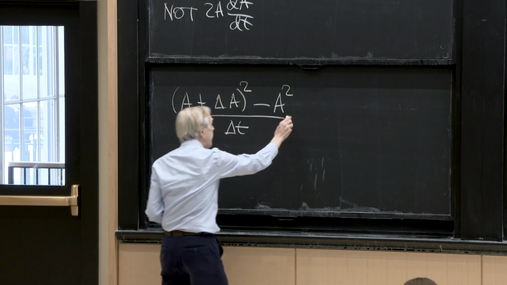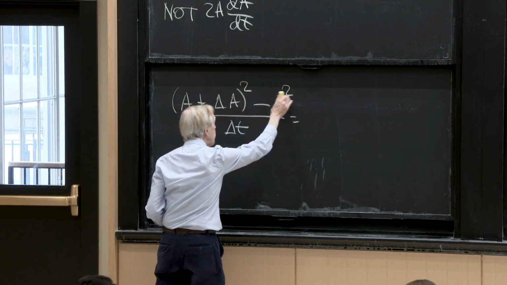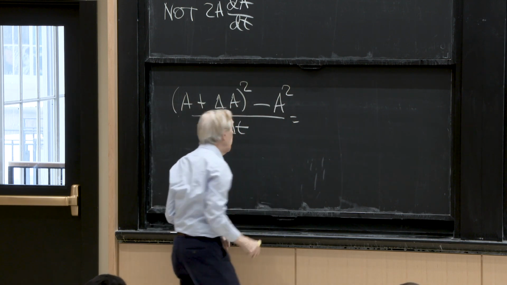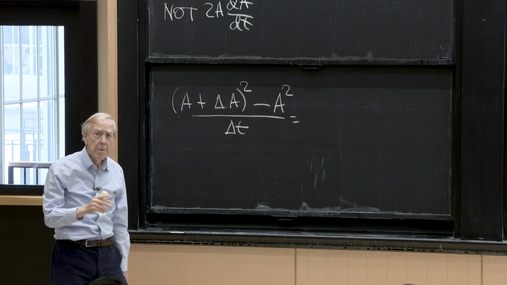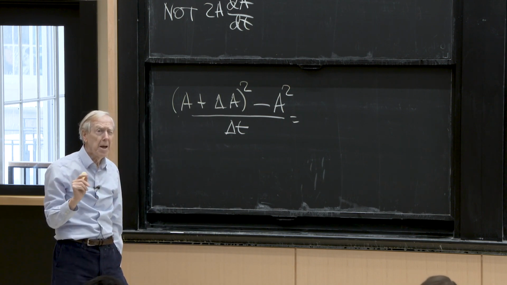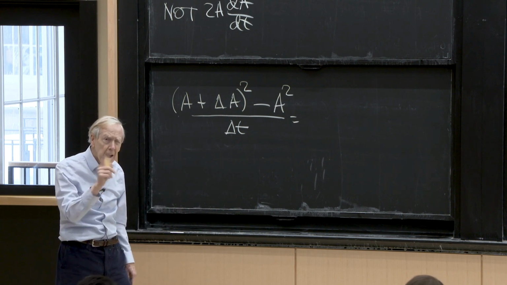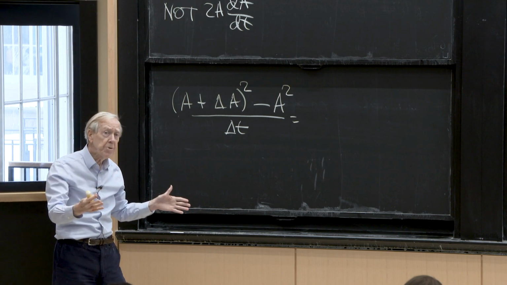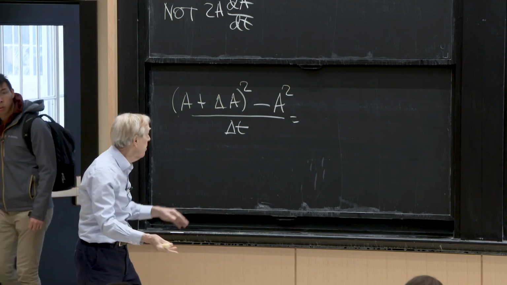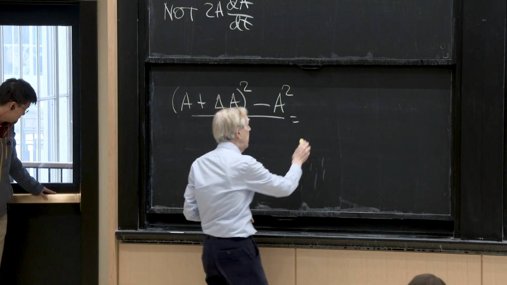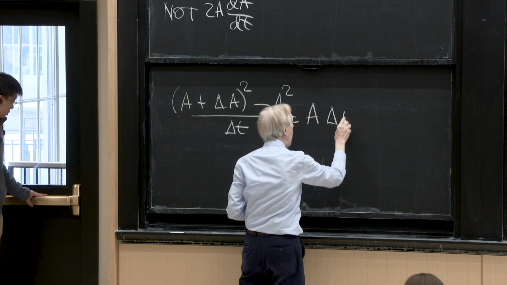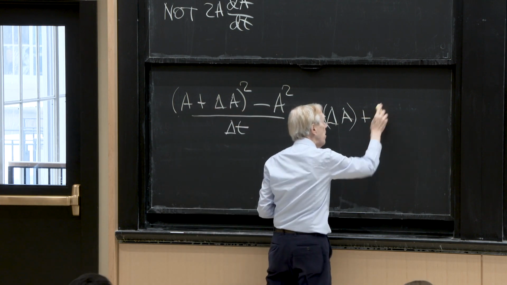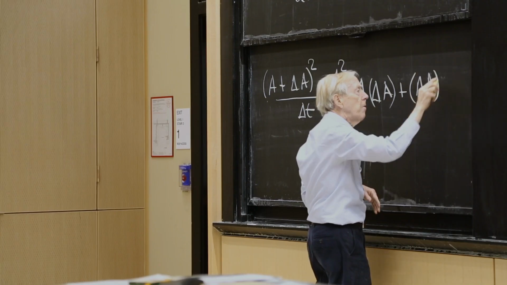So what happens if I write this out? The A squared will cancel the A squared. I'll have, what will I have? Will I have 2A delta A? Why don't I write 2A delta A next? Because when you're squaring a sum of two matrices, one term is A delta A, and another term is delta A A, and those are different in general.